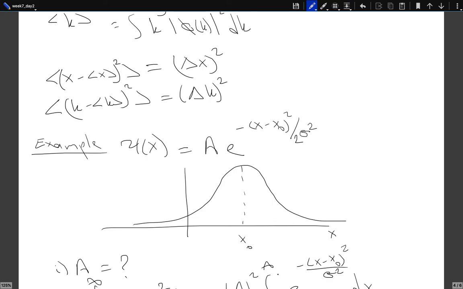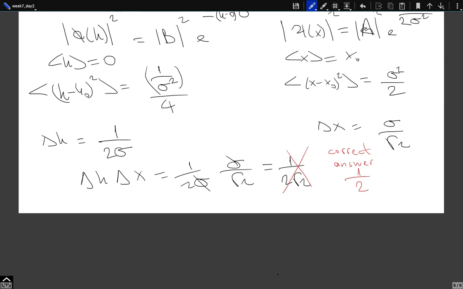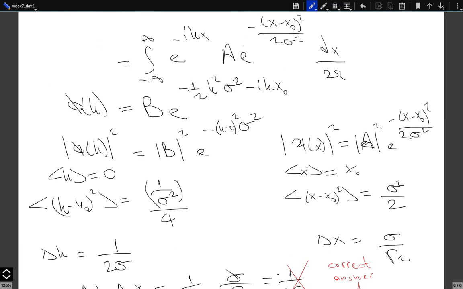This is the wave function. You see, if you look at the probabilities, both the probabilities have exactly the same form. They are not equal. They have the same form. Well, A and B just raise or lower the wave function, so you just fix them to fix the normalization.